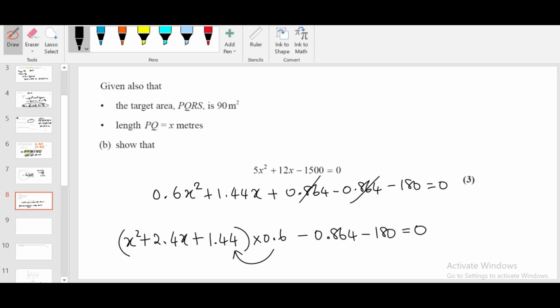This will be cancelled. So we have 0.6 x square plus 1.44x minus 180 is equal to 0.